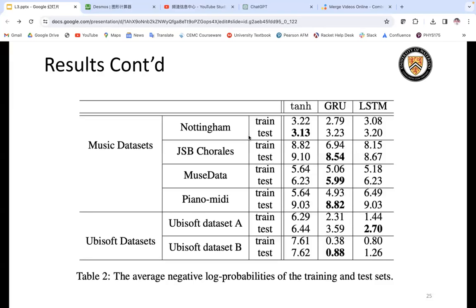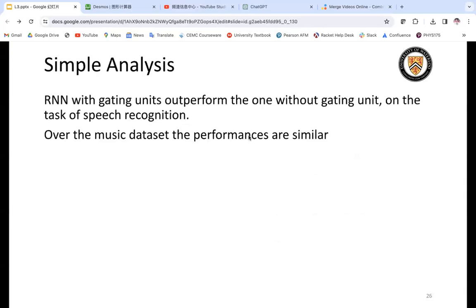And for the second Ubisoft dataset, the gated recurrent unit achieved an average negative log probability of 0.88, which is much lower than the regular recurrent neural network, which has 7.62. So you can see that the gating units outperform the one without gating units on the task of speech signal modeling. For the music dataset, the performance is relatively similar.